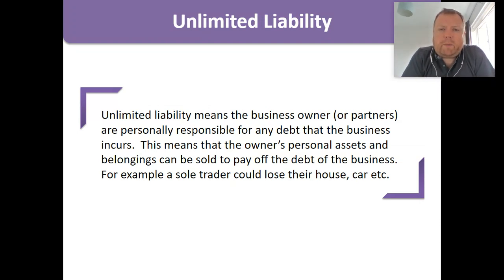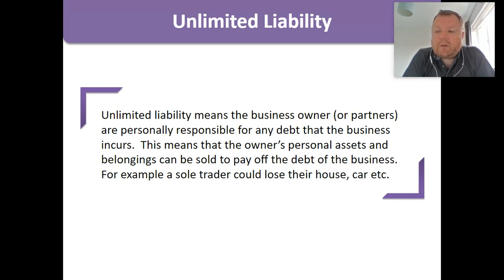I'm going to pause and just go back here to unlimited liability because this is a phrase that we see quite a lot. The definition of unlimited liability means that the business owner or partners are personally responsible for any debt the business incurs. This means that the owner's personal assets and belongings can be sold off to pay for the debt of the business.